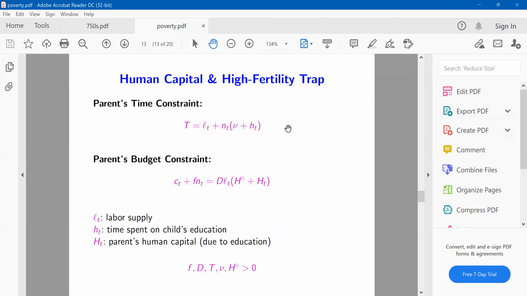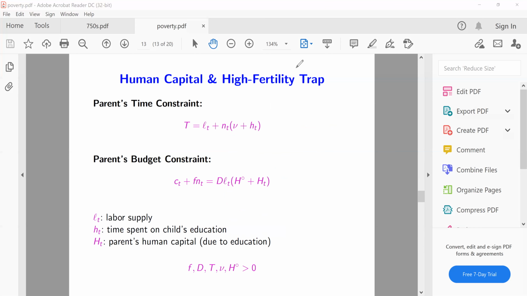Okay, so there are different constraints that the adults face. One is the time constraint. T is the total time endowment. T is fixed. Now, total time endowment will be spent as labor force. So this is labor supply. And the rest will be spent on kids.